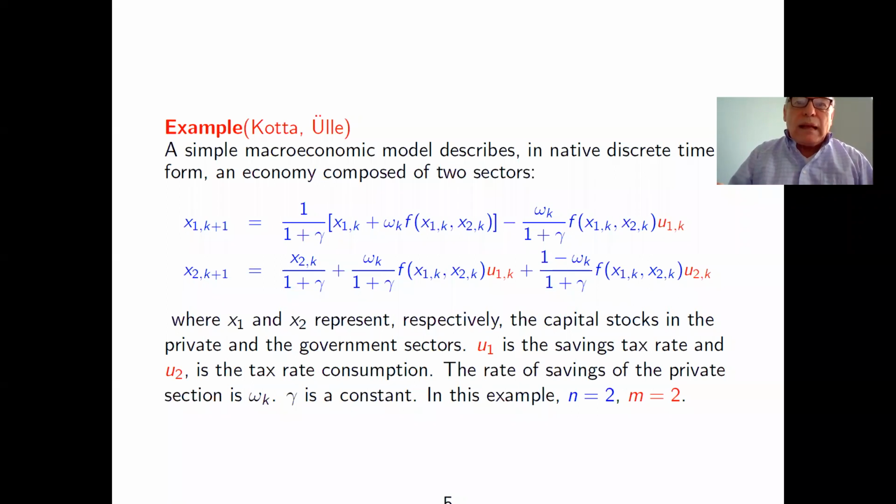So that class of systems we call native systems, because they don't come from a sampling process on a continuous system. They come naturally as a result of applying laws of behavior, in this case of economic systems.